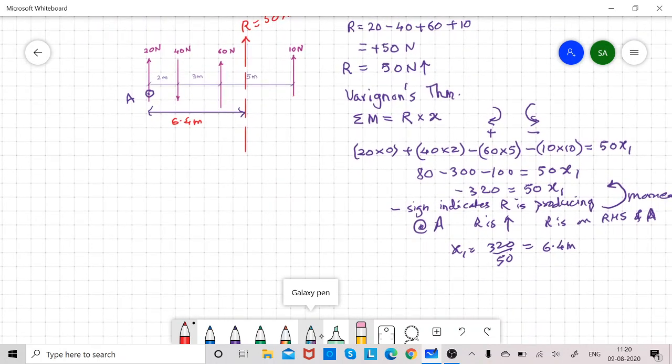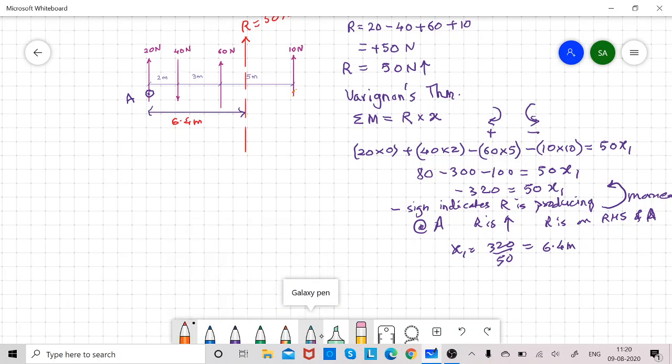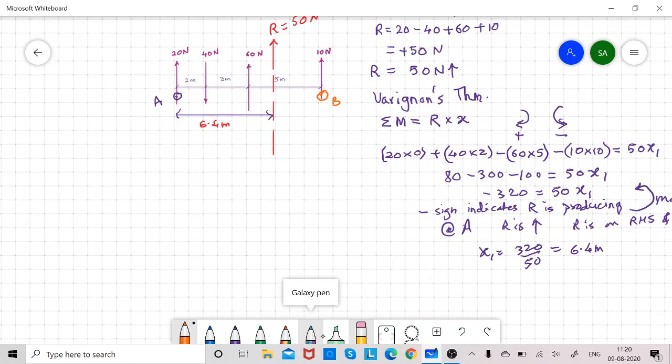Now, for the time being, I will consider a point, say B, on the force of 10 Newton. I will apply the same Varignon's theorem, that is, the algebraic sum of all the moments about point B is equal to the moment of their resultant about the same point.